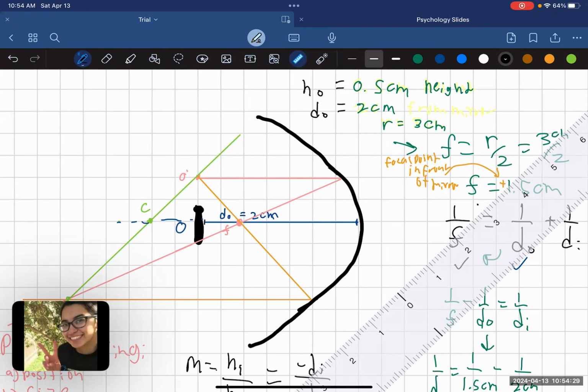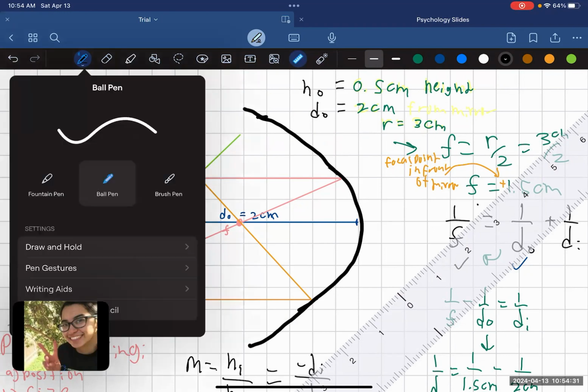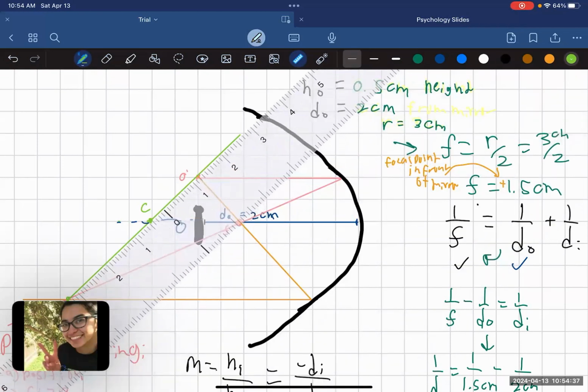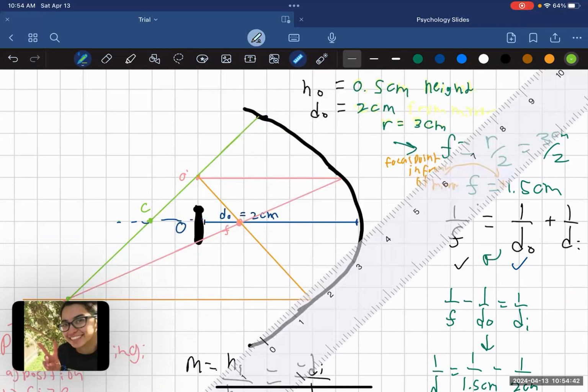Granted, this is not a very smooth curve, but yeah. And then theoretically, I'm pretty sure this third ray is supposed to be perpendicular to the mirror. So I'll try and make it look perpendicular.